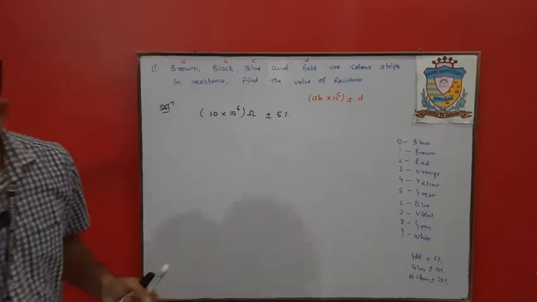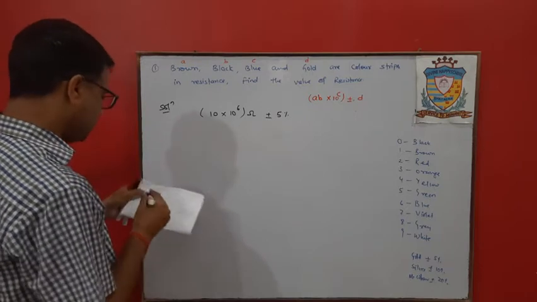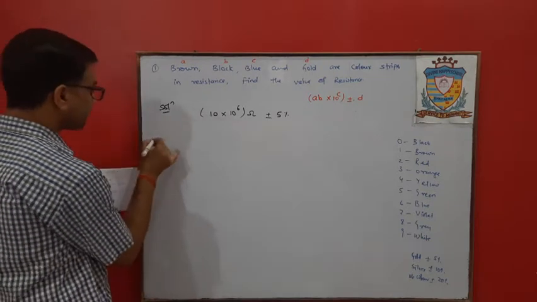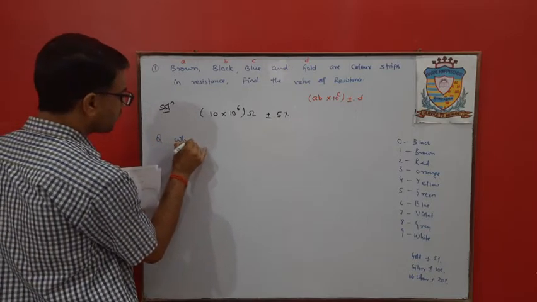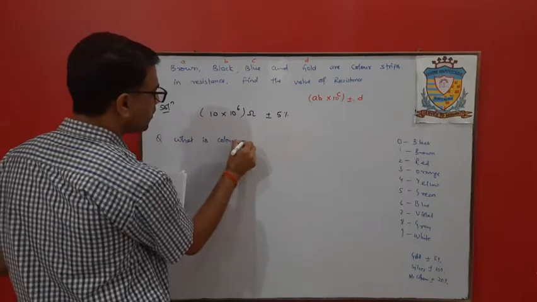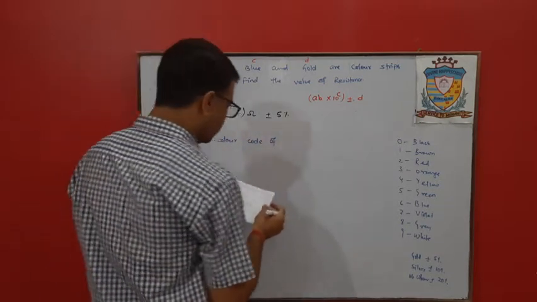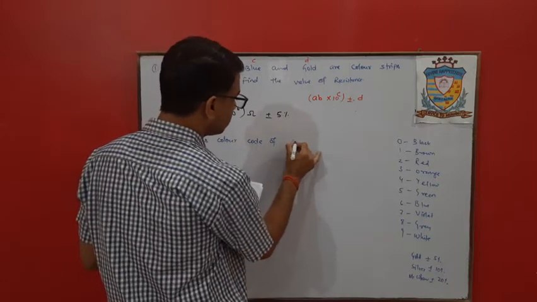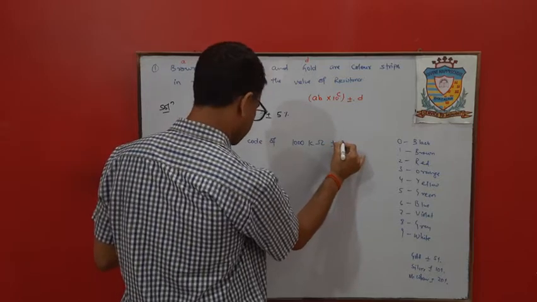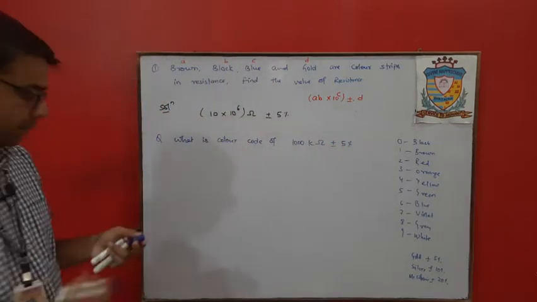Next, second question: what is the color code of 1000 kilo ohm plus minus 5%?